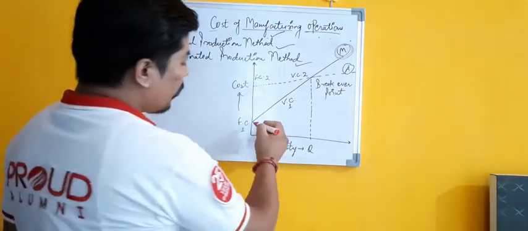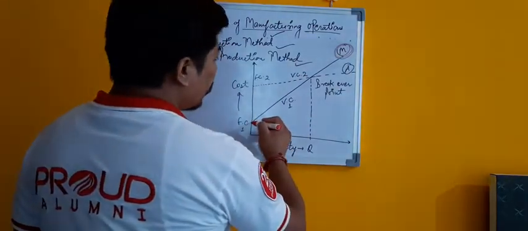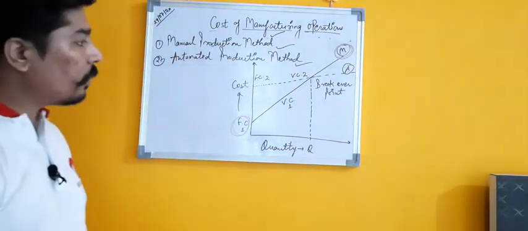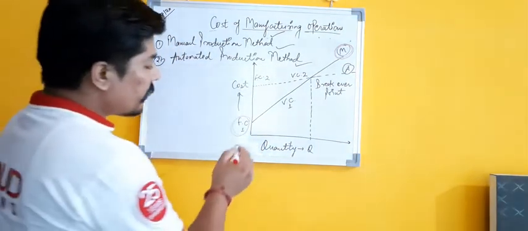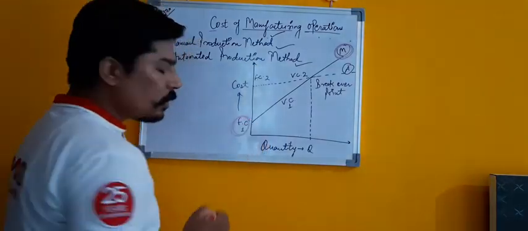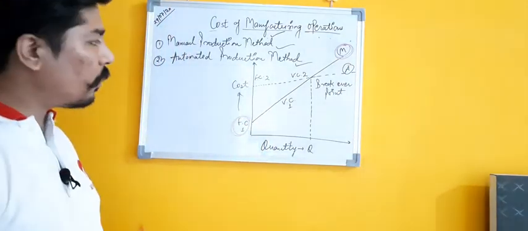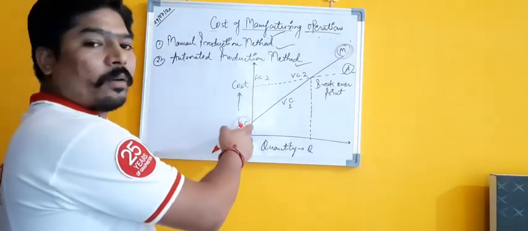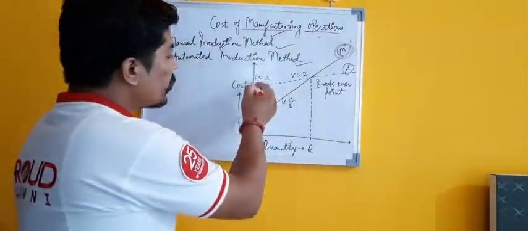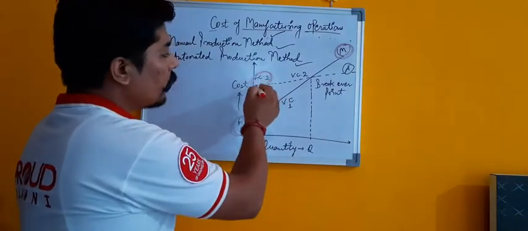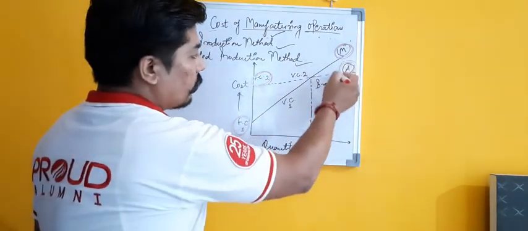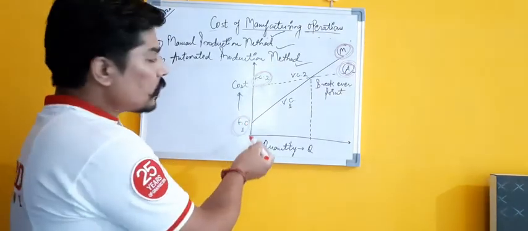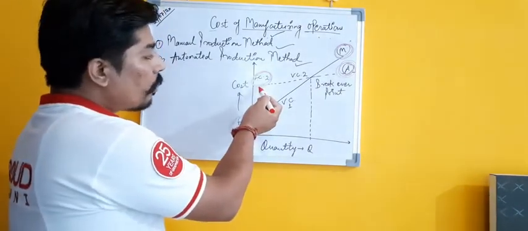You can see that the line shown here will be your fixed cost for your manual production method, and the fixed cost associated with the manual production system is very, very low compared to the fixed cost associated with your automated production system.